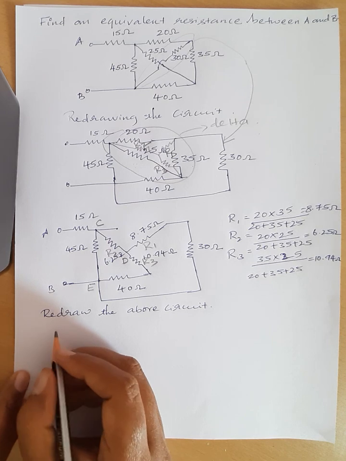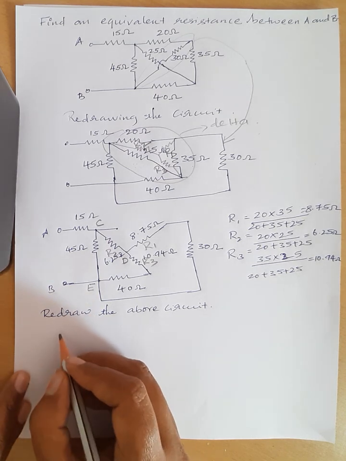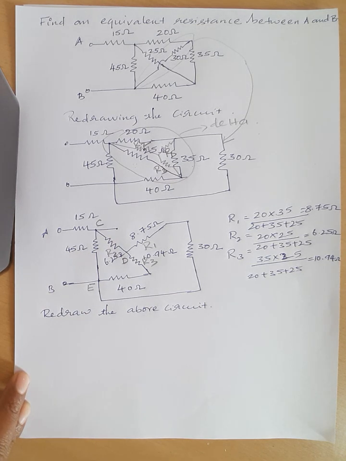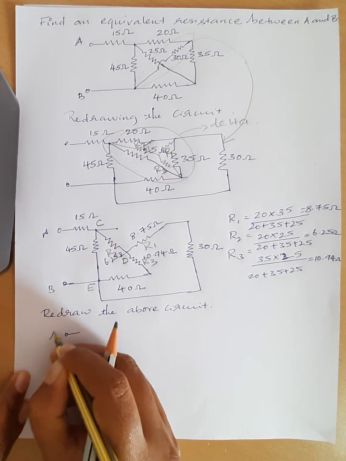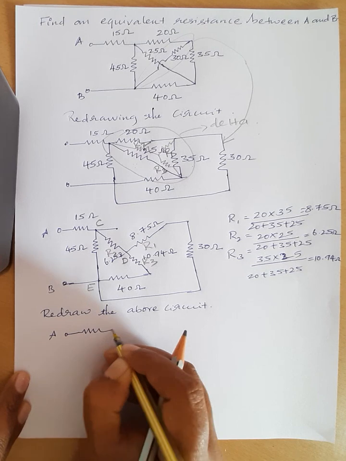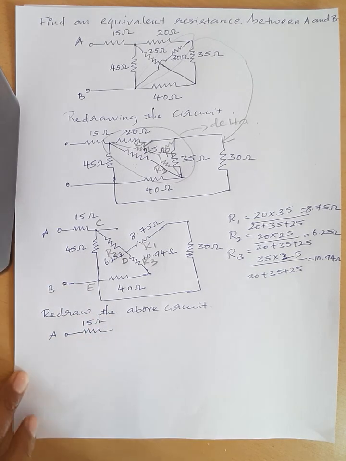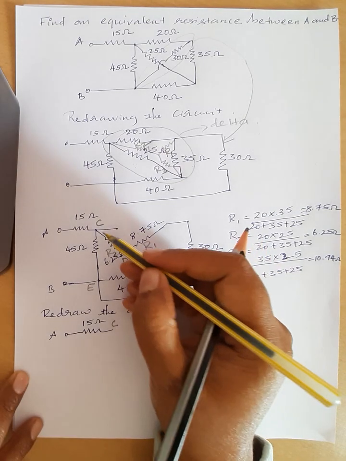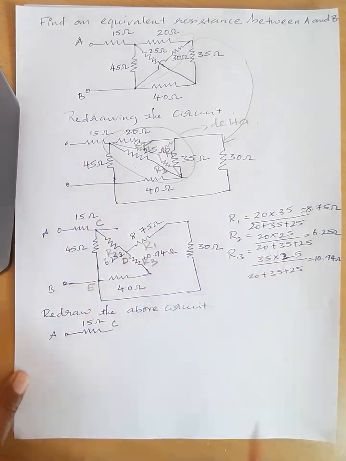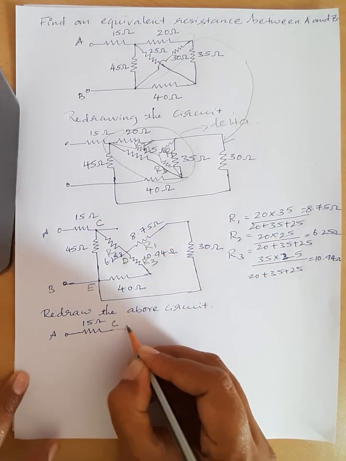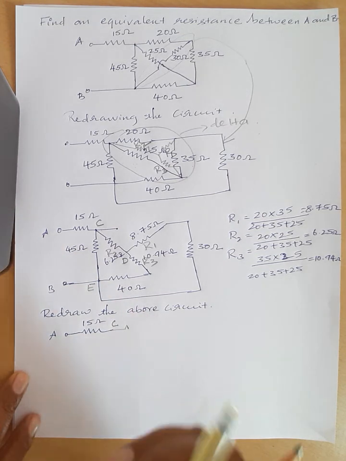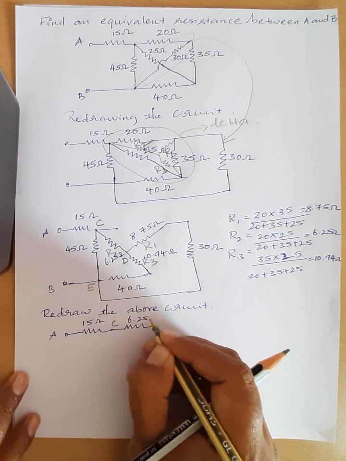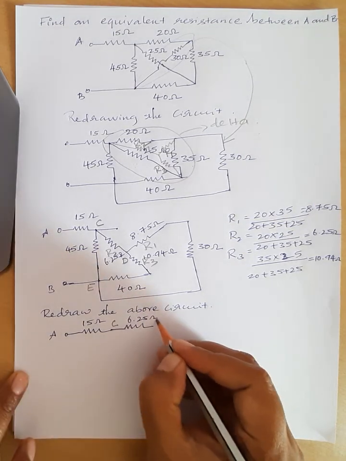Now in the same way, if you write the network, if you observe A to C, you have 15 ohms. This is C. And C to D, you have 6.25 ohms. This is terminal D.